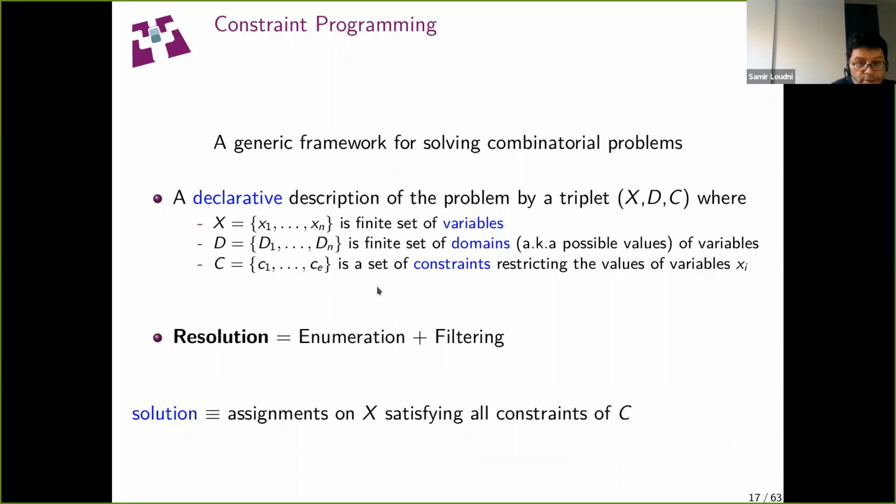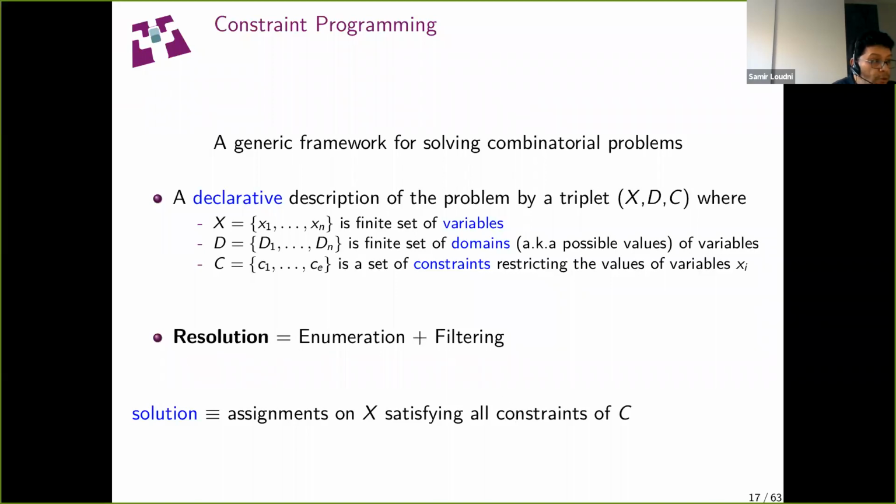A constraint expresses a relation that specifies the allowed combinations of values for the variables that appear in this constraint, what we call the scope of the constraint. A solution is the assignment of all the variables in X satisfying all the constraints of the problem.